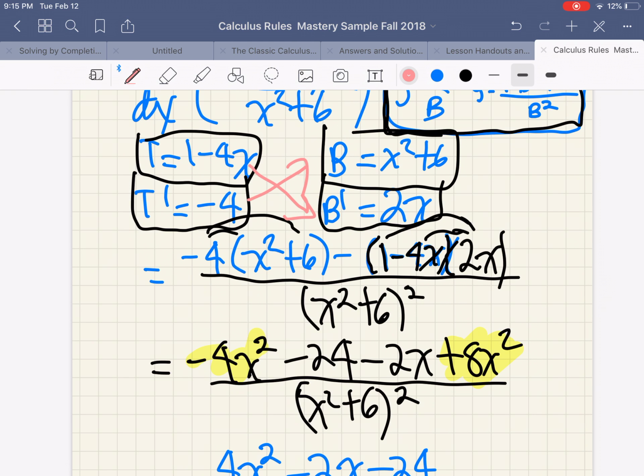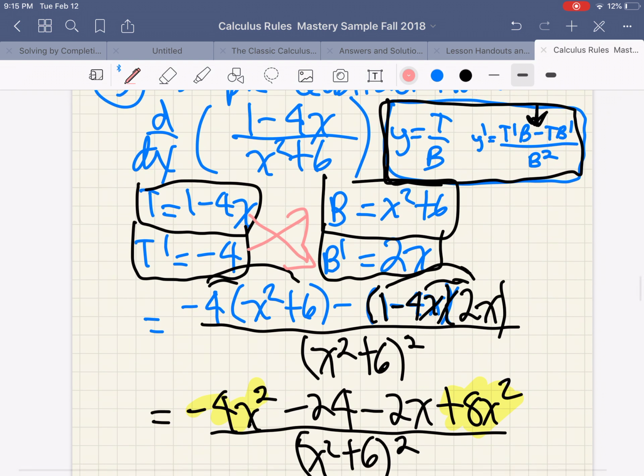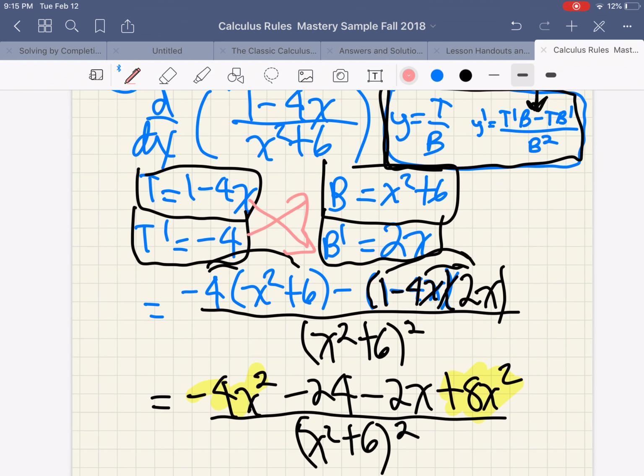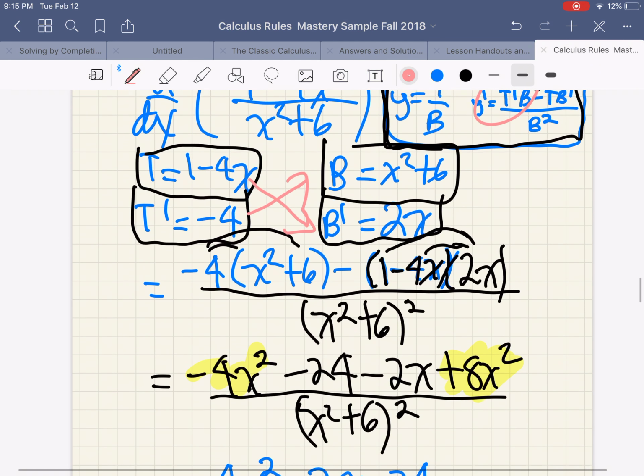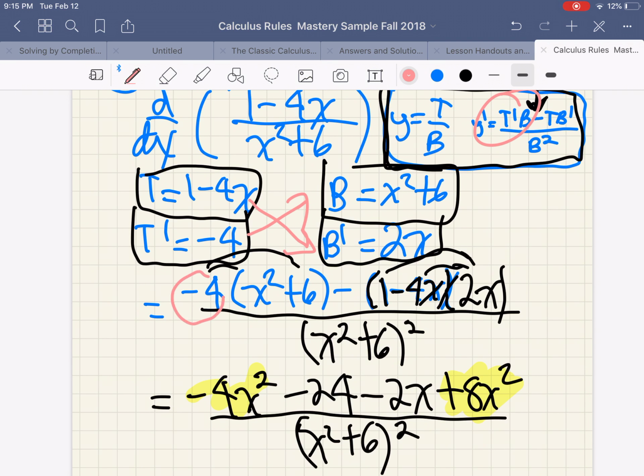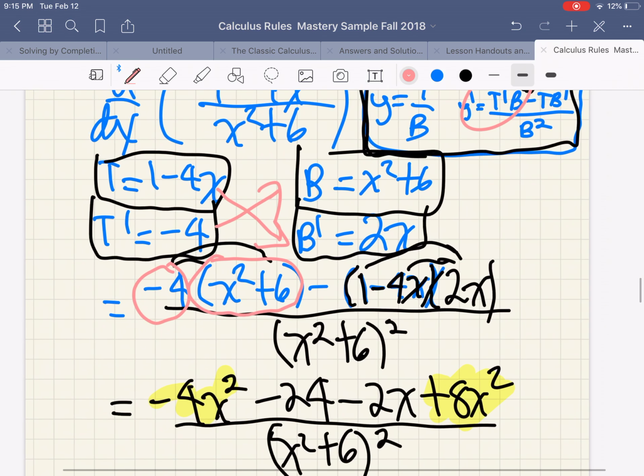So top prime bottom is our first one that we need to do. Okay, I'll just scroll down so you can see the formula. So I need to do top prime bottom first. So the top prime is -4 multiplied by the bottom, x squared plus 6.